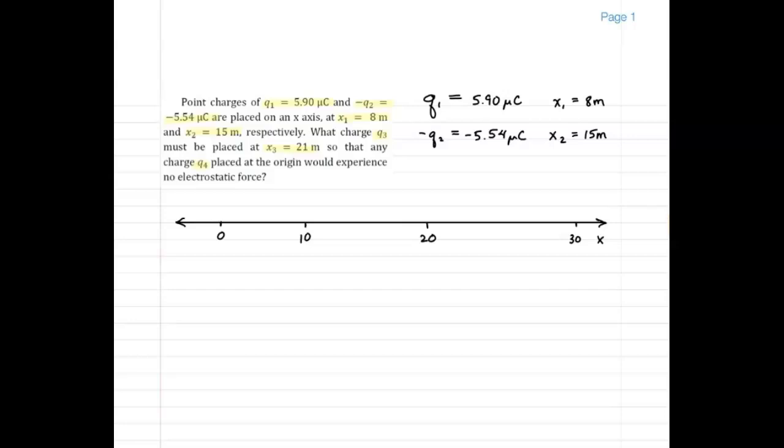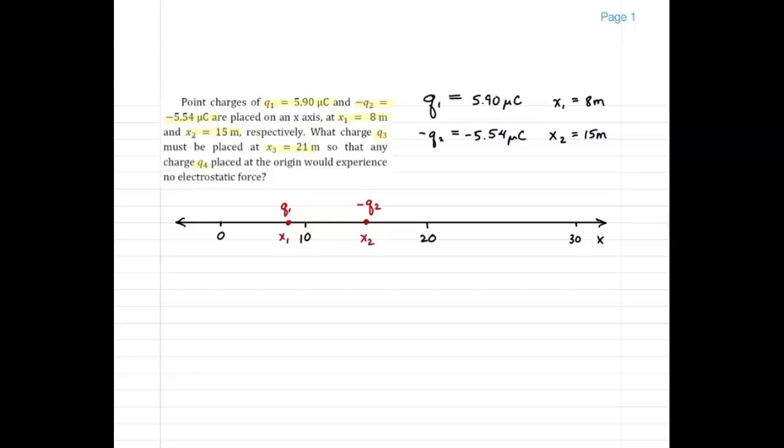And we have Q1 at 8 meters. So somewhere here is Q1, and it's located at x1 from the origin, 8 meters. Minus Q2 is located at 15 meters. So it's right here at the center, minus Q2, located at x2.